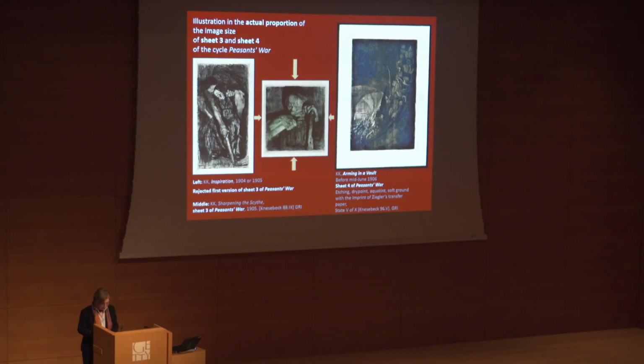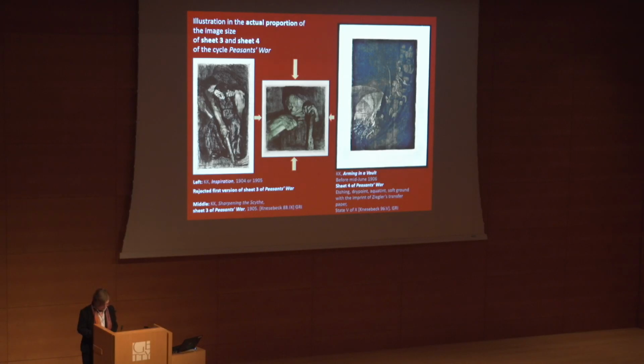Constricted to a relatively small square, the picture window focused solely on the image elements essential for the understanding in a compressed form. This is obvious when we compare the third sheet with the next step in the story of the Peasants' War, which is represented on the fourth sheet of the cycle.